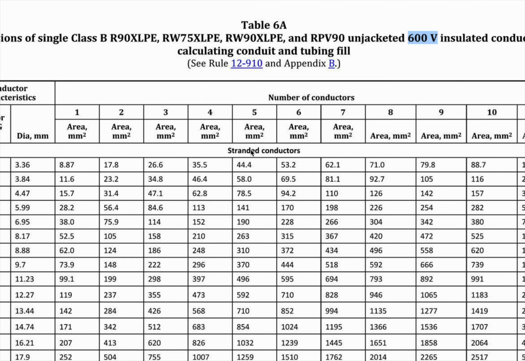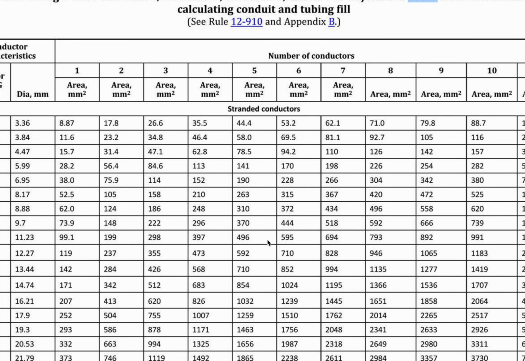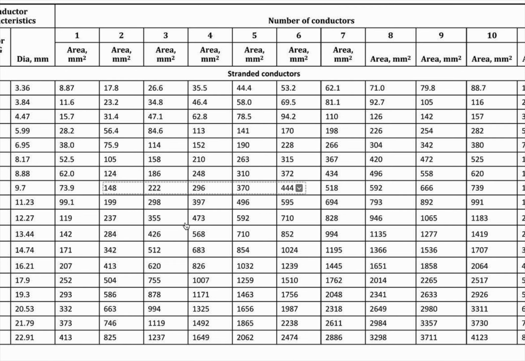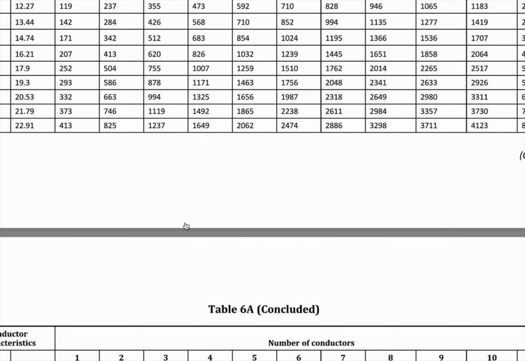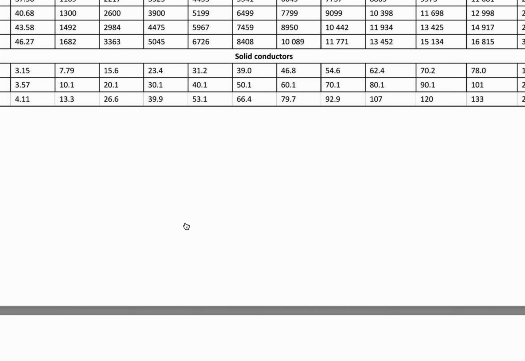It is the area of those 5 wires. Or for example, if your wire is 1 AWG and you have 7 of them, it is 694 mm2. Easy. You can find the mm2 of any number of cables and any size of cables.